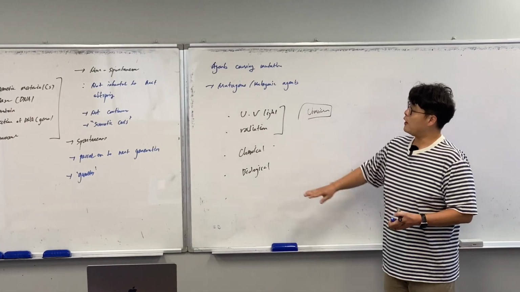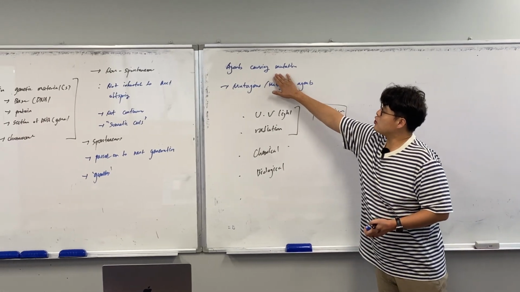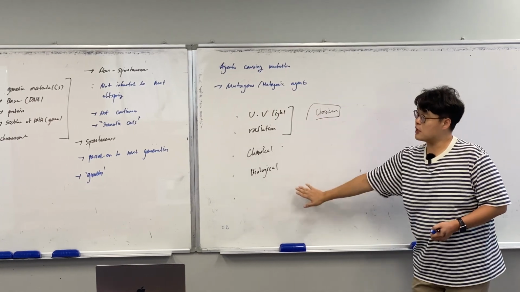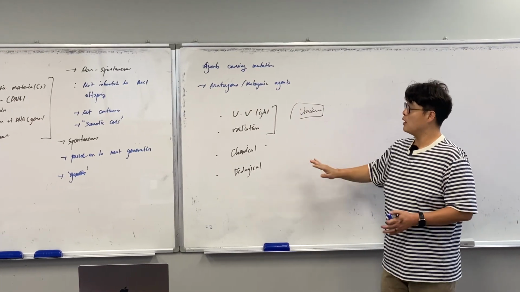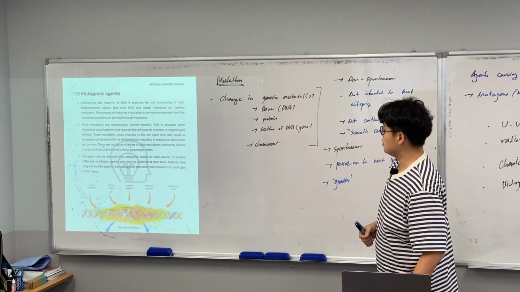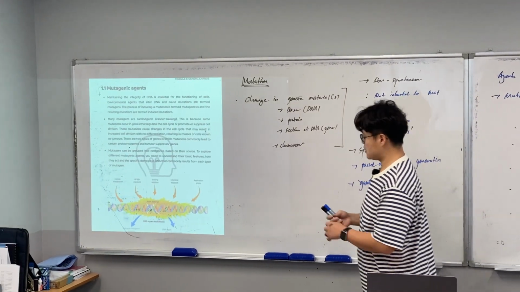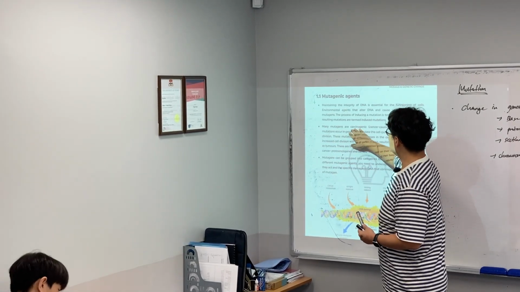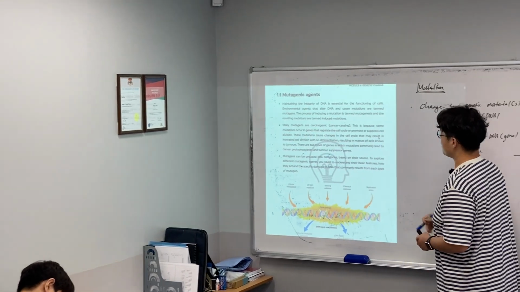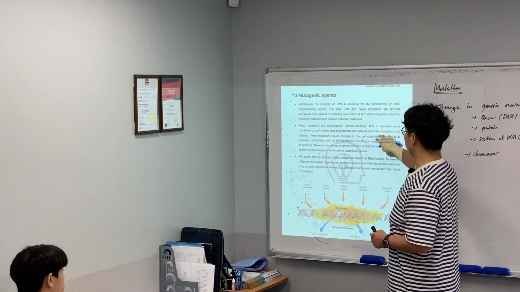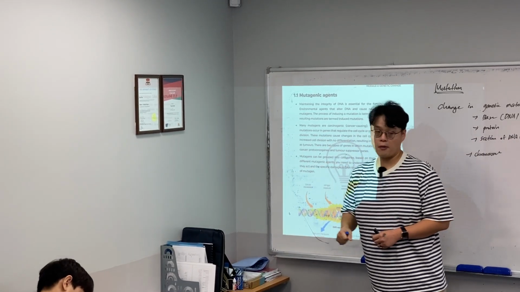So when I divide the agents that can cause mutations, the mutagens, I can categorize a few. It's all well described in your workbook as well. On page 2, let's highlight the second dot point here, please. Many mutations are carcinogenic, cancer-causing. This is because some mutations occur in genes that regulate the cell cycle and promote or suppress cell division.